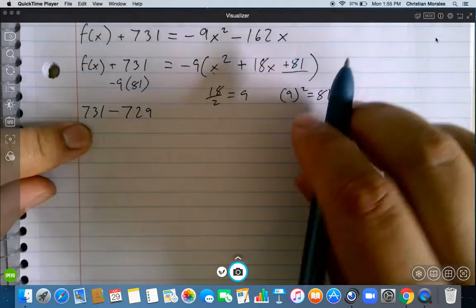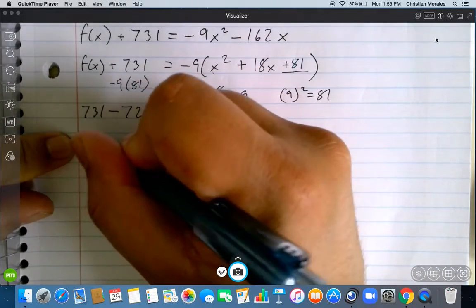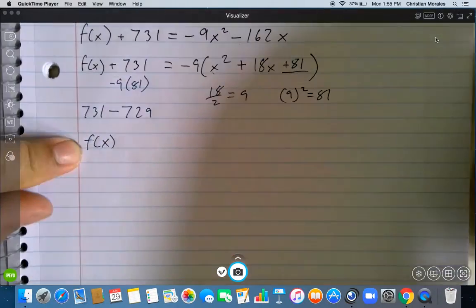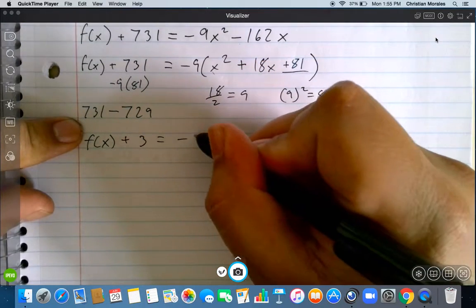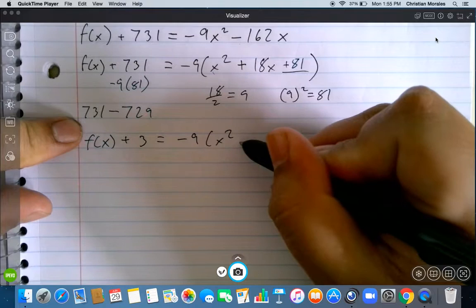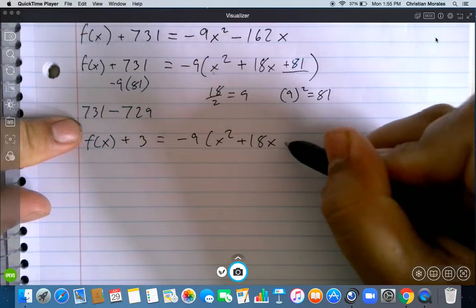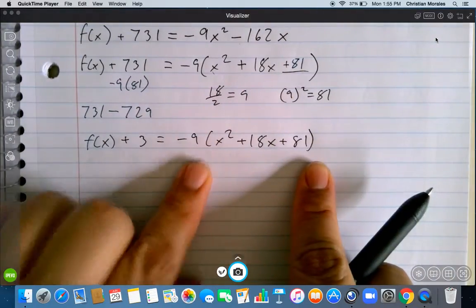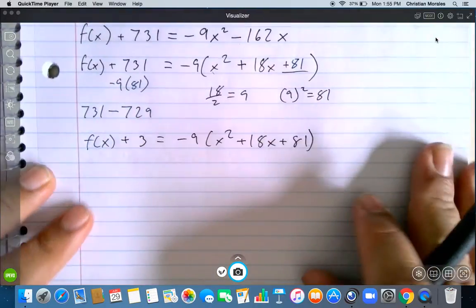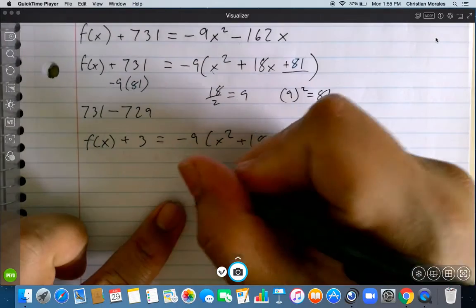That subtracts. We're going to get f of x plus 3 equals -9 x squared plus 18x plus 81. Okay, I'm just going to keep writing it down because I'm running out of space over here. So I'm going to write this as a perfect square.